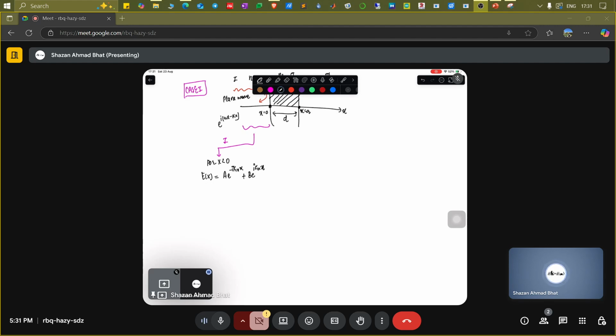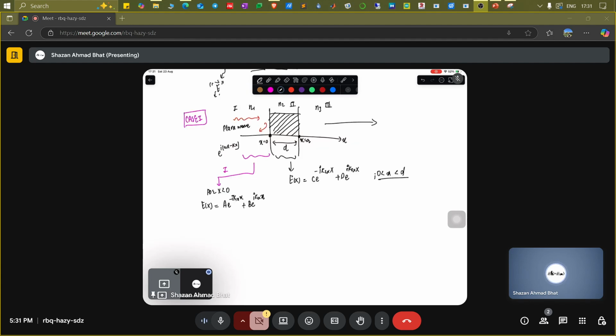Similarly, for this zone, you will get the electric field equivalent to c e to the power minus i k2x x plus d e to the power i k2x x. This is for x greater than 0 and less than d.